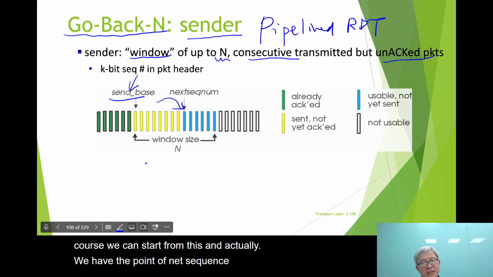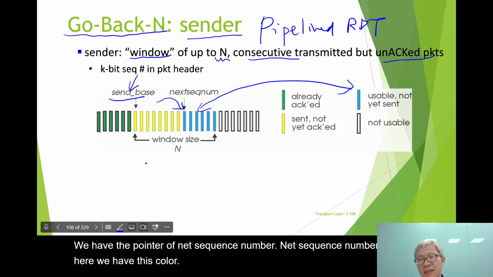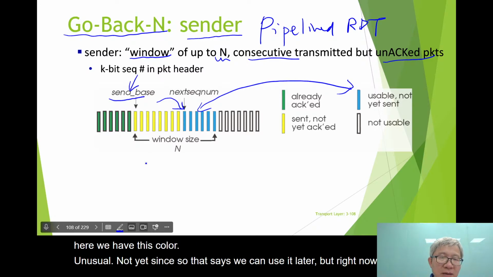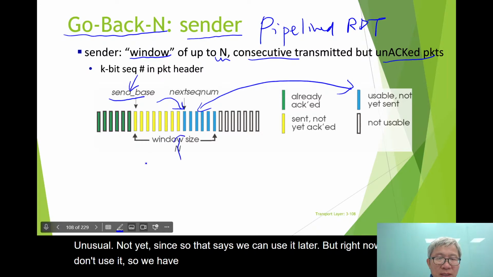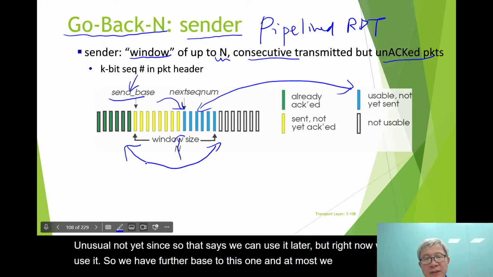The next sequence number marks the area that is usable but not yet sent, so we can use it later. Right now we don't use it, so we have the base at this one, and at most a window size of N.